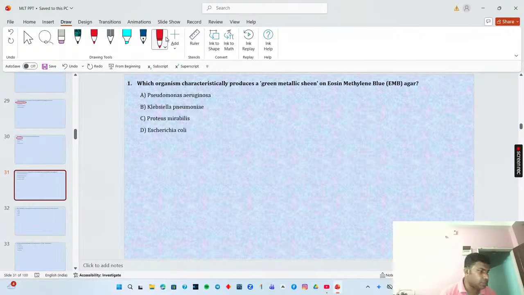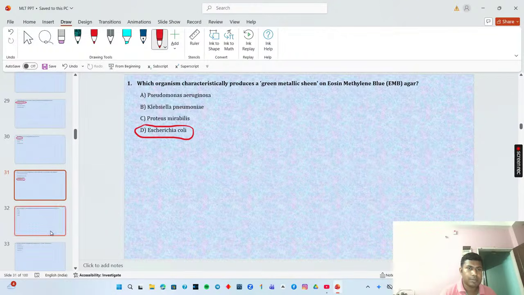EMB agar is used to screen which bacteria? It is used to screen Escherichia coli. Escherichia coli, E. coli.